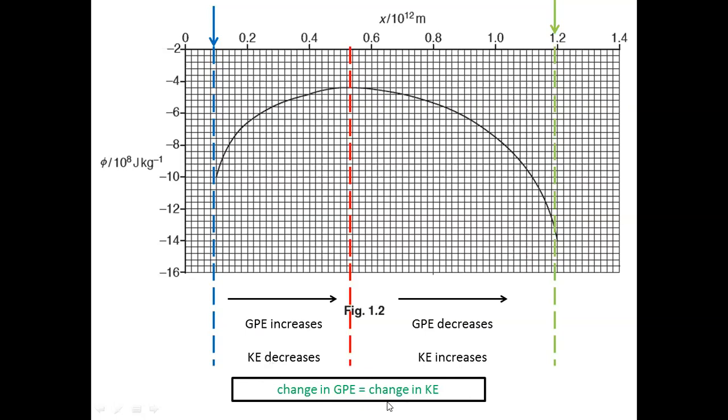So again, the change in kinetic energy is the goal that we need to determine for question 1. So to determine the change in KE, we need to get the change in GPE. But how do we get the change in GPE given a graph of gravitational potential versus distance?